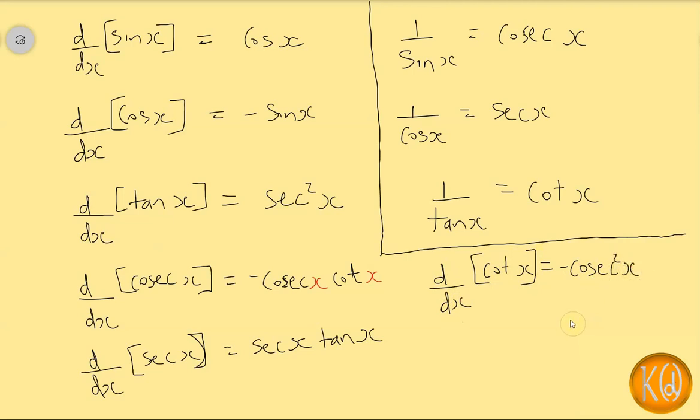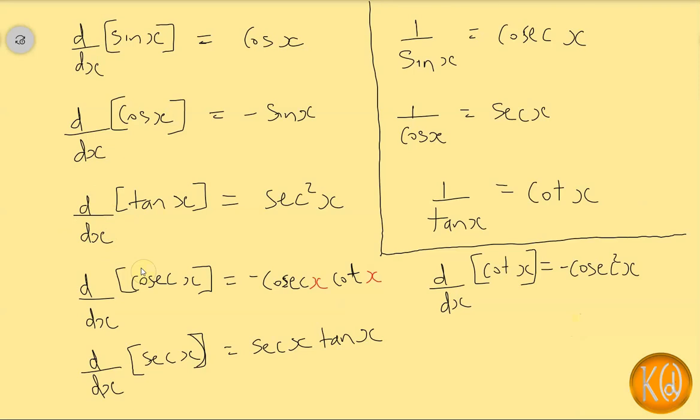So you have the derivative of the trig functions and also the derivative of their reciprocals, right? These are stuff that you should try and memorize depending on your level of mathematics that you're doing in school right now.